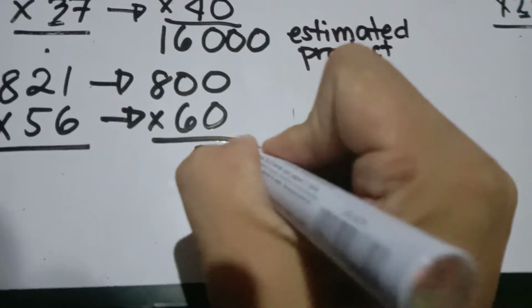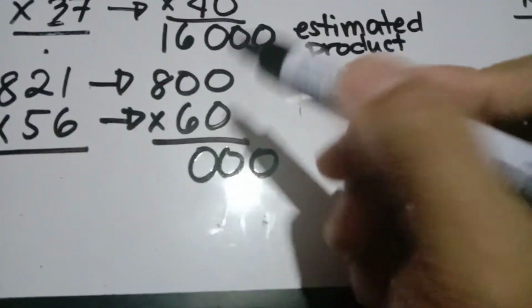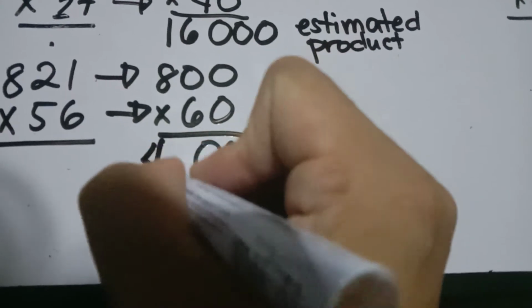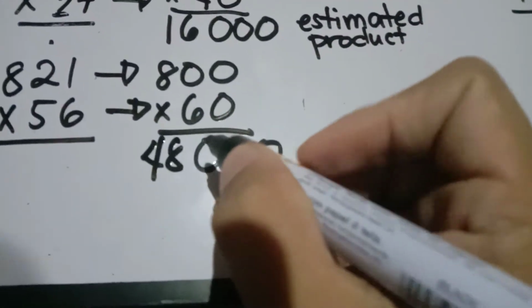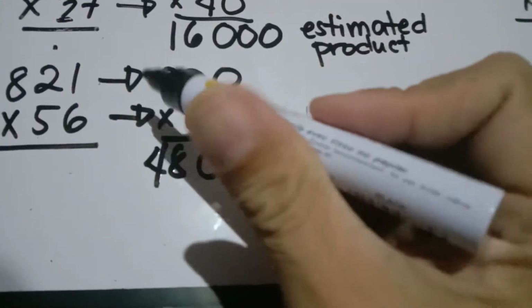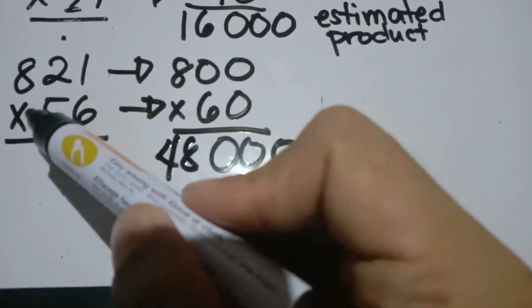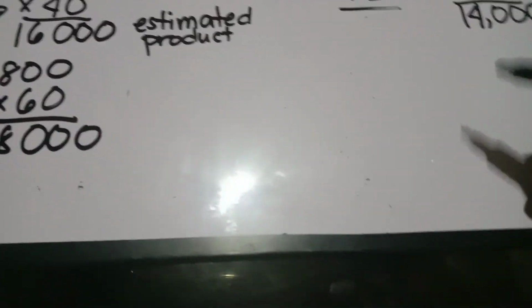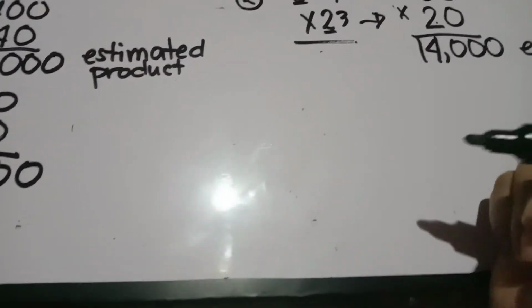So write 3 zeros in the answer. Then next, multiply 6 and 8. 6 times 8 is equal to 48. So 48,000 is the estimated product of 821 and 56. Ganun lang po kadali mag-estimate ng product. That's how easy we estimate the product.